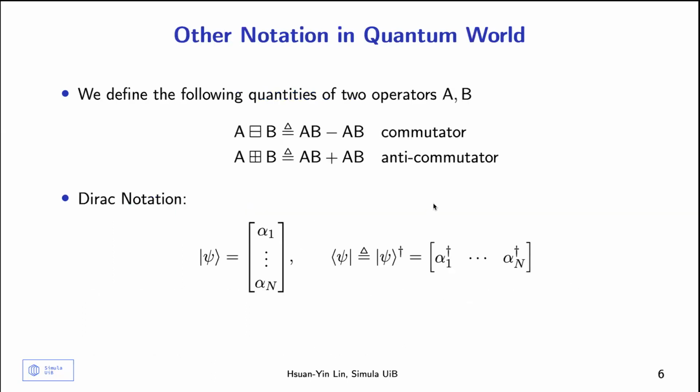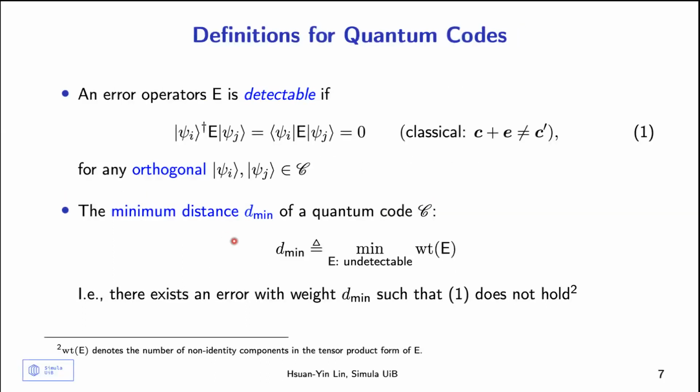And so the minimum distance is also similar, if you think about classical, right? The minimum distance is the minimum of the undetectable errors among all the error operators. So if you think about the classical world, you have two code words, and the undetectable error is the distance between these two code words. So they define the minimum of lots of them.